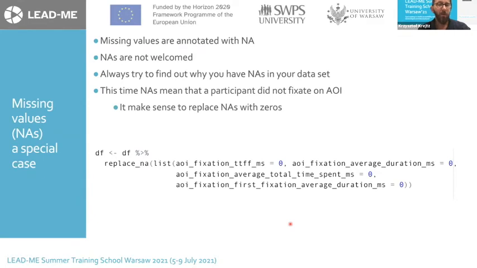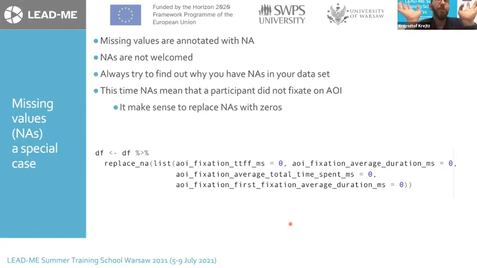Okay, one last thing before the short break, and it's very often useful when you collect eye tracking data. Quite often you have missing values inside your data frame because the eye tracker stopped working.